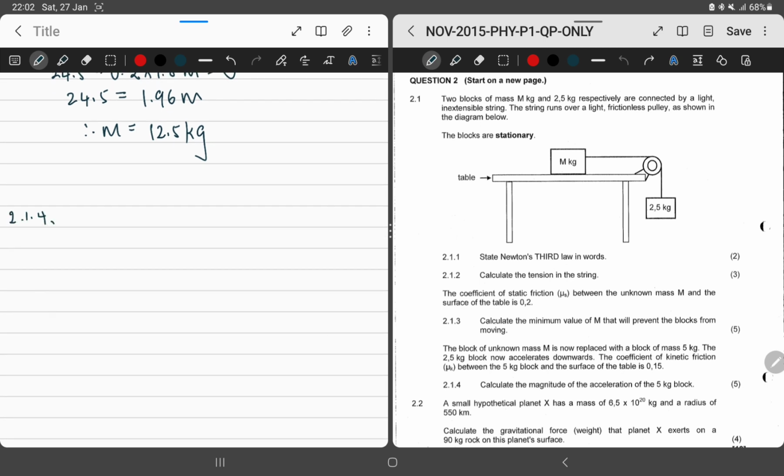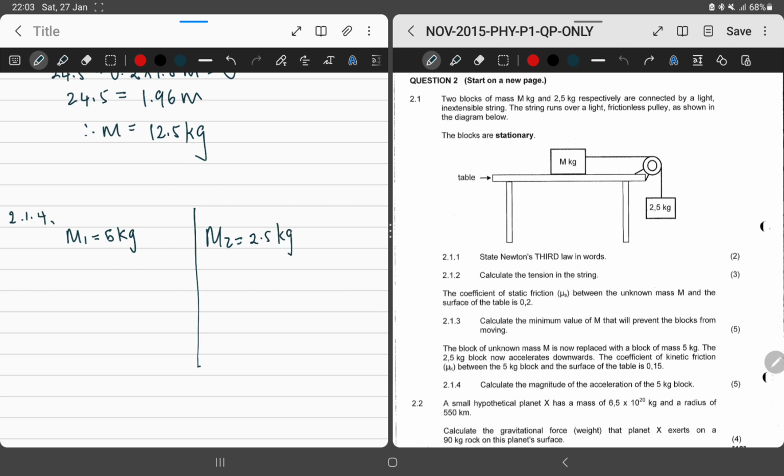2.1.4. The block of unknown mass is now replaced with a block of 5 kilograms. So now we have M1 as 5 kilograms. The 2.5 kilogram block now accelerates downwards, so now we have acceleration. This M2 is equal to 2.5 kilograms.